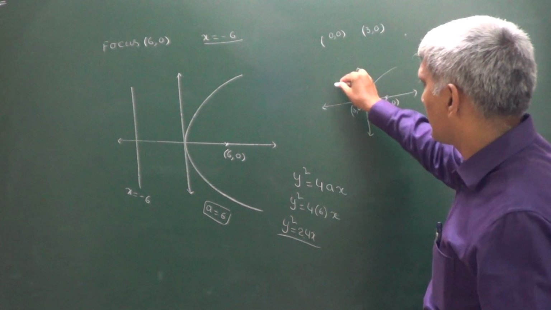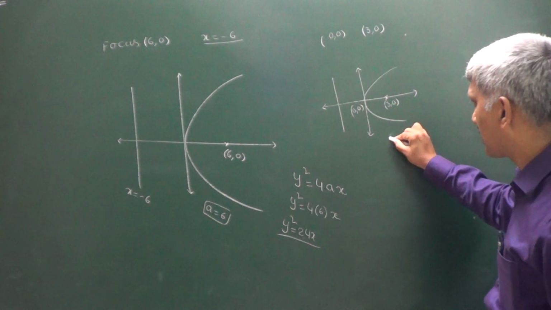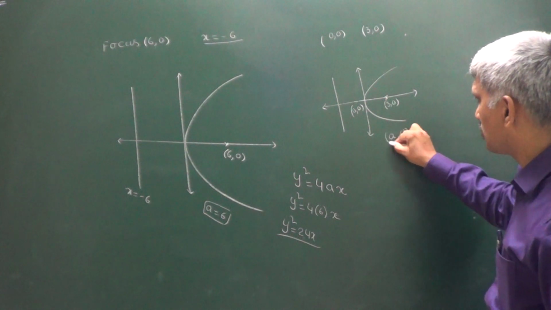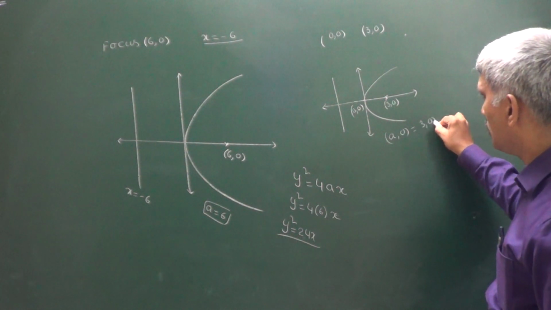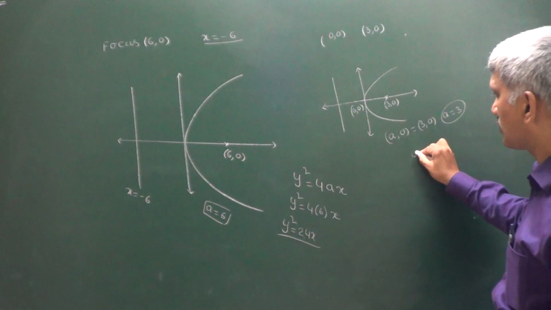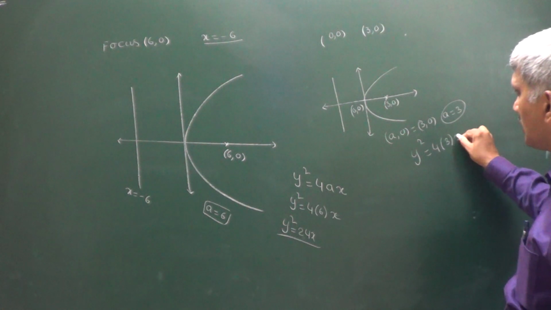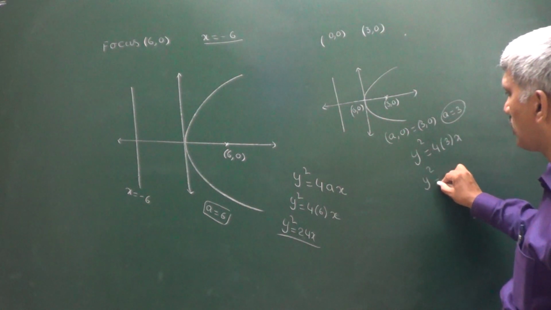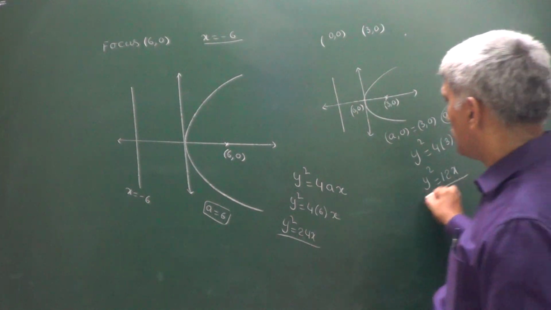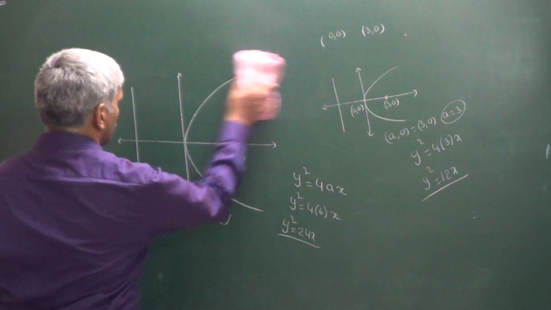For this parabola, definitely the directrix will be here, right? The focus is (a, 0), given as (3, 0), that means a = 3. For this parabola the equation is y² = 4ax. That's why we are getting the equation of the parabola as y² = 12x. He is asking only the equation of the parabola in the question.